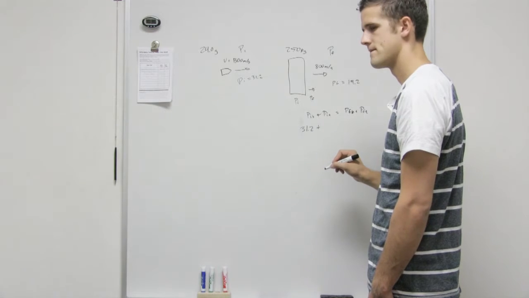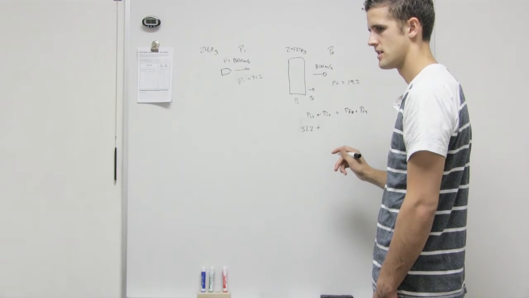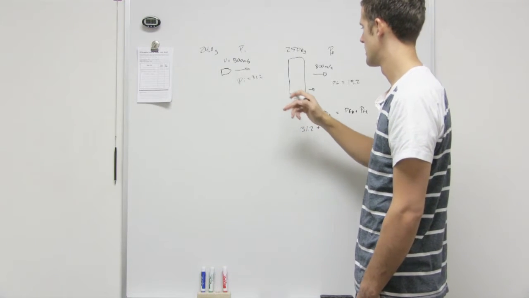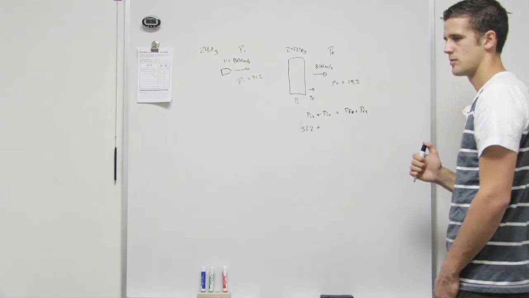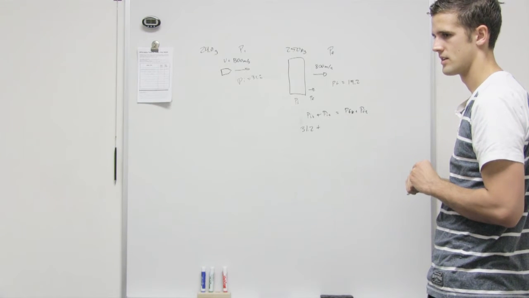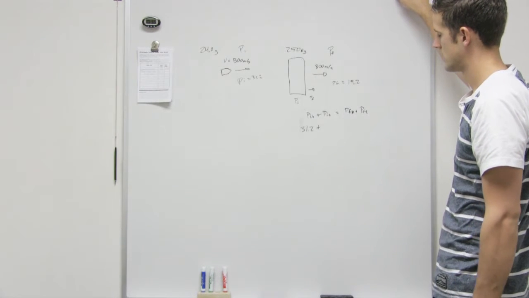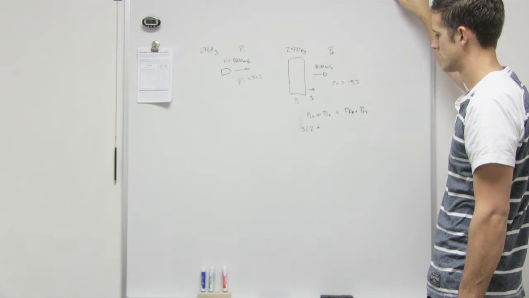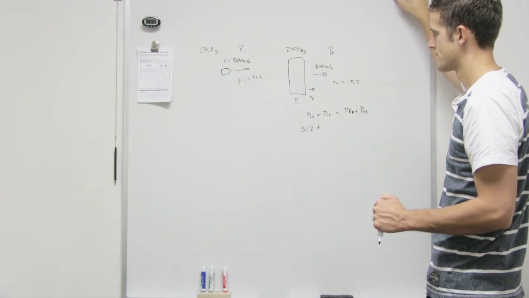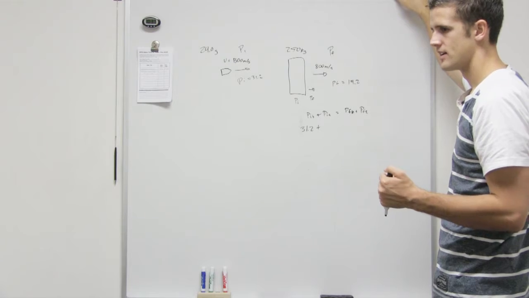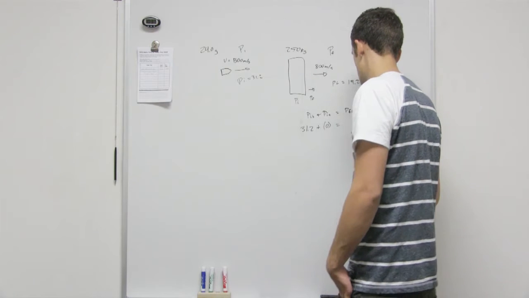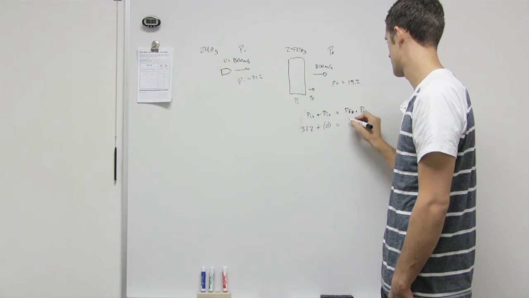For just the target, how much momentum does it have? The 250 kilograms times its velocity, but no velocity, it's just sitting there. So this is 0. What's the final momentum of the bullet? 19.2.